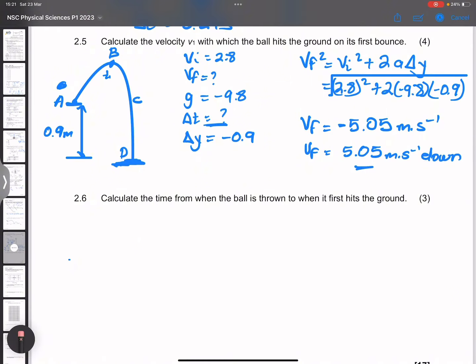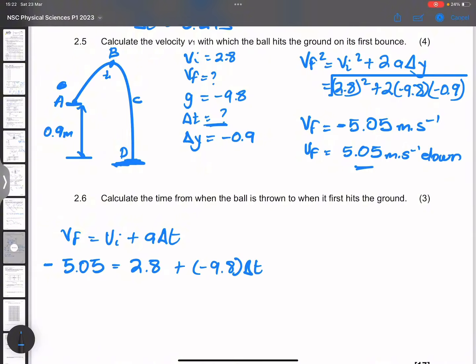Okay, so I'm going to say Vf is Vi plus a delta t. My final velocity, I got that to be negative 5.05. Please, it would be very crucial for you to put that negative there, right? So this is initial, which is 2.8, okay? And my acceleration, which is minus 9.8 delta t.